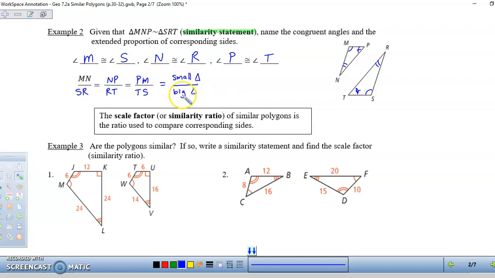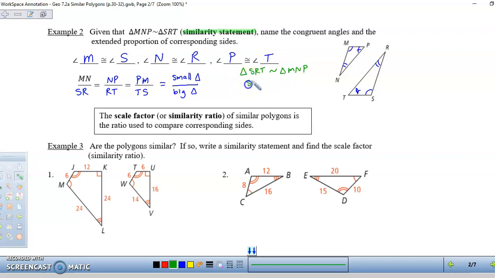Now, you can flip-flop that, but that would mean we would switch the statement. So what I mean by that is, for example, if I was given triangle SRT is similar to triangle MNP, I would generally write this triangle's information on the top and this triangle's information on the bottom.